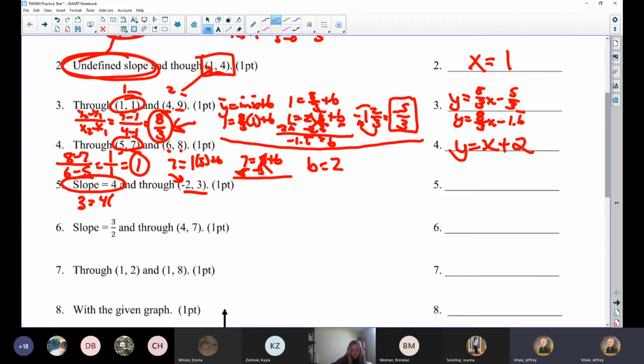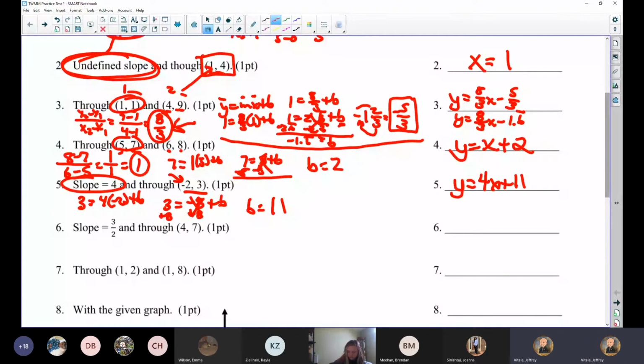The slope is 4 times -2 plus b. Well, 4 times -2 is -8. And I add 8 to both sides to get b by itself. So b is going to equal what? 11. 8 plus 3. So we have our slope. We have our y-intercept. That turned out to be nice and easy.